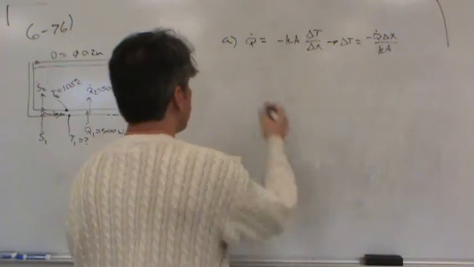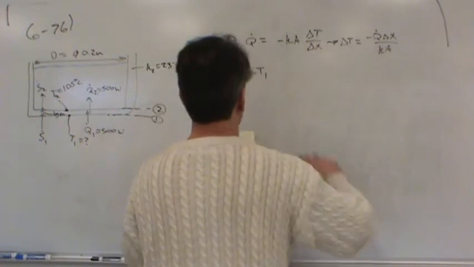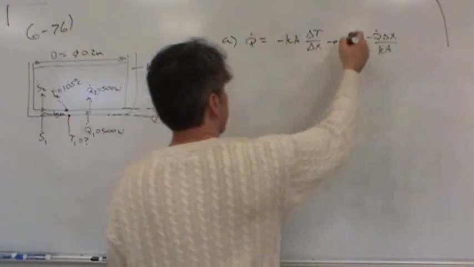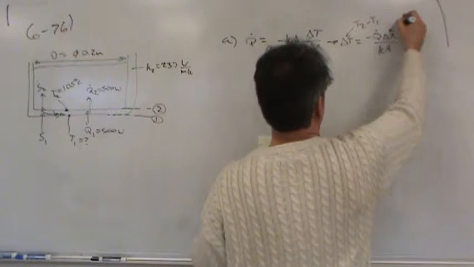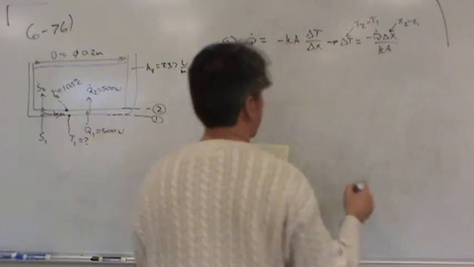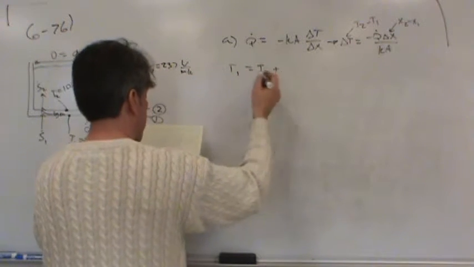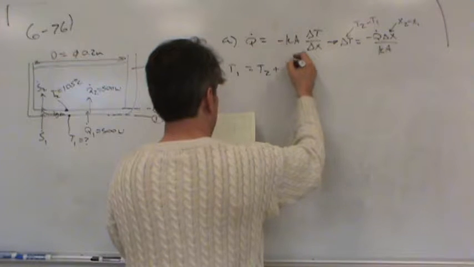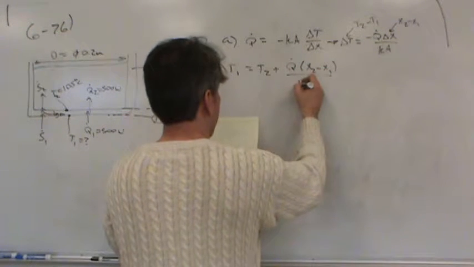So T2 less T1, in fact, let's write it this way. Let's just go ahead and solve that: this is T2 less T1 if this is X2 less X1. So I'll just solve for T1 algebraically so we can save some time and some steps. T1 is T2 plus Q dot times X2 less X1 over KA.